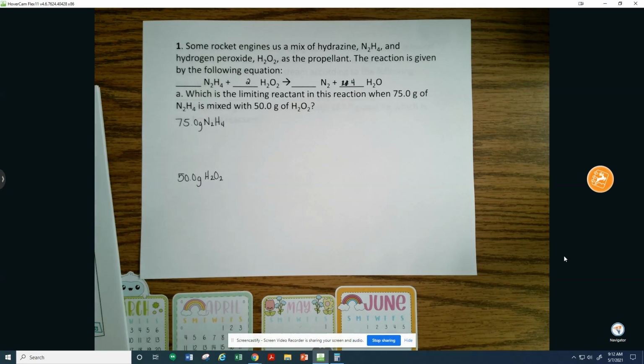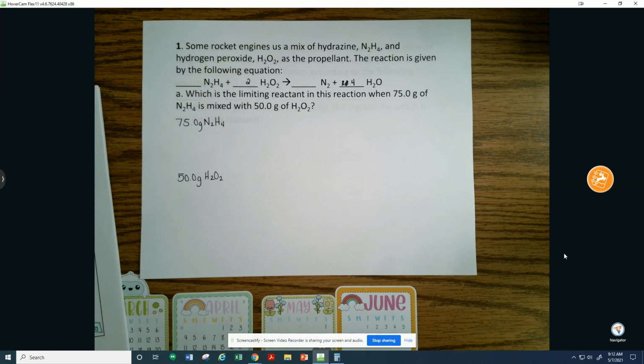What you always do is you pick a product. You have two products in this reaction, so you have two different ways to solve this, and you're going to end up at the same exact conclusion. You're either going to convert these to grams of nitrogen, because nitrogen is a product, or you can solve for grams of water.